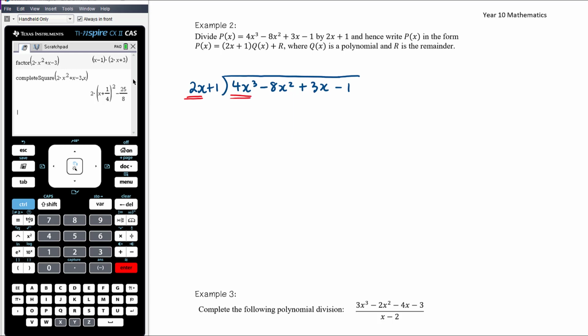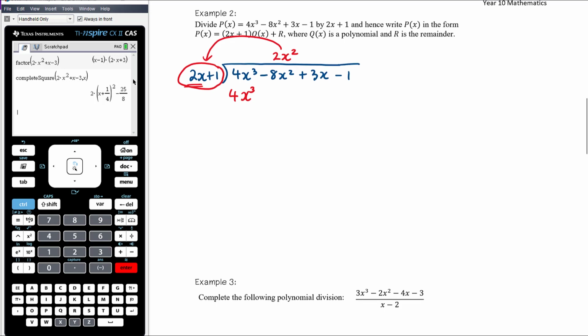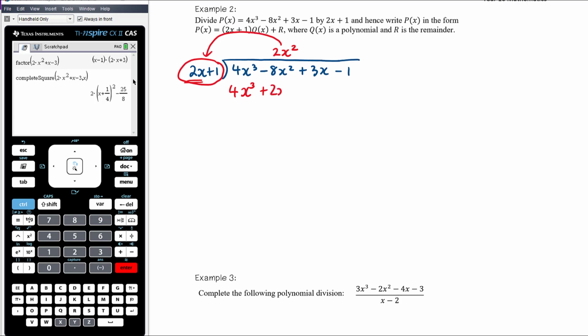So that would be 2x squared. We can check that because what we're next going to do is 2x squared times 2x plus 1, which gives us 2 times 2 is 4x times x squared is x cubed. Good, we know we're right. And then plus 1 times 2x squared, so plus 2x squared.